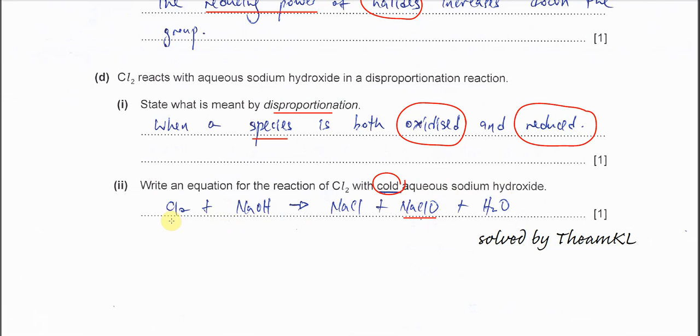From here we know that chlorine initially has oxidation number 0. After the reaction it can be -1 here, -1 here, and this one is -2, +1, so this one must be +1. So chlorine is now both reduced and oxidized. This we call a disproportionation reaction.